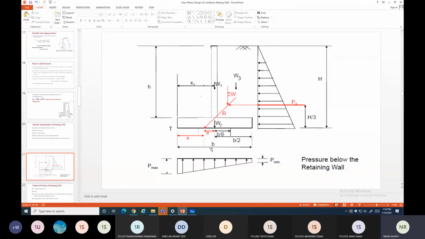CG of the base slab actually होना चाहिए B by 2 पे, B by 2, but as due to unsymmetry, that resultant is not passing through the B by 2 but away from the B by 2 with a distance of eccentricity E. So at this E point, the resultant force is passing, and this resultant force is passing at this point. The remaining distance is x distance, and due to this phenomena you can get the P maximum and P minimum value, which will give the uplift pressure diagram that you have studied in your GT part.